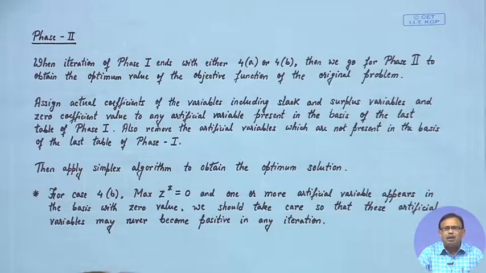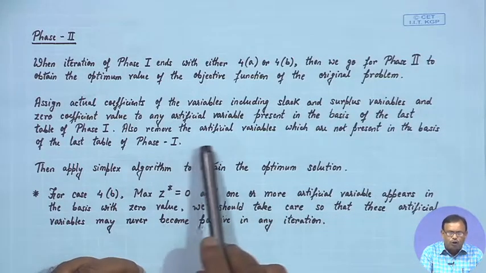That means, in the two phase method, we are very clearly telling what will be the coefficient of the artificial variable in the objective function, which we defined as M, a very large number, in the big M method, which is the basic difference between these two.